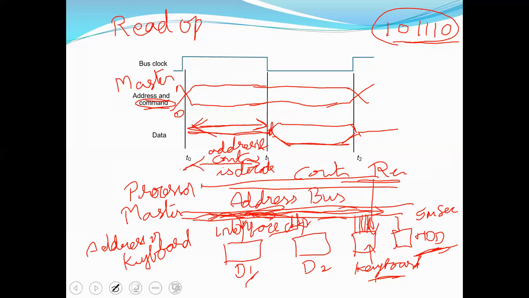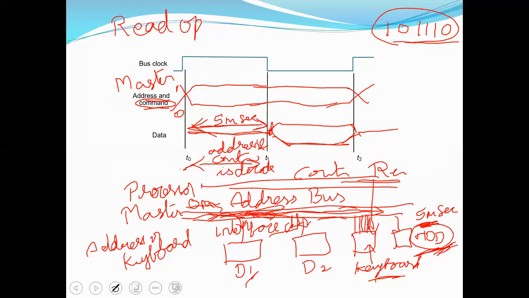Once it has started at 0 milliseconds, suppose it has put this on the address bus, and the time taken to reach the hard disk, decode the address and find out that this is the slave is 5 milliseconds, and this is the slowest, farthest device to receive this particular address. Then this width is fixed as 5 milliseconds.